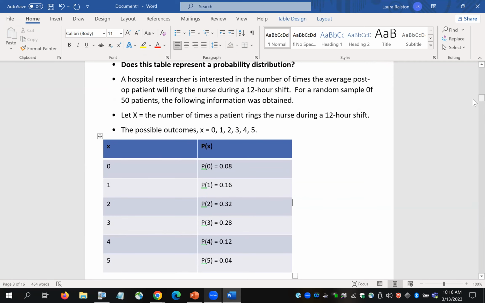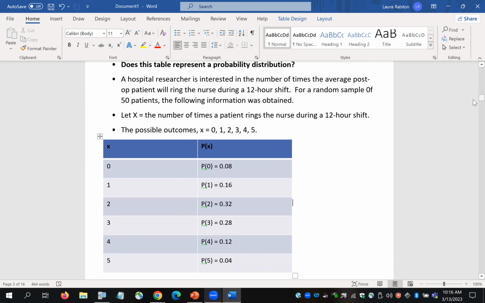A hospital researcher is interested in the number of times the average post-op patient will ring the nurse during a 12-hour shift. So somebody's had surgery, they're still in the hospital, and we're counting the number of times that they would ring the nurse over a 12-hour shift.